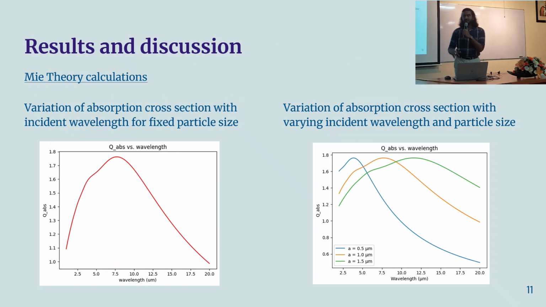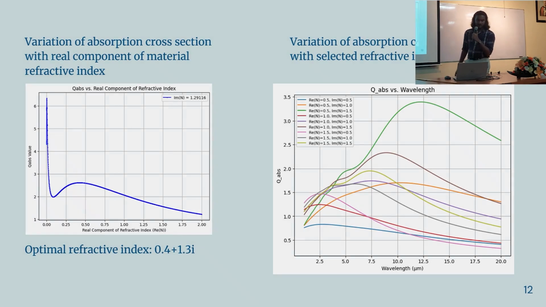My calculations are for a single sphere, so you get a wide distribution, but there is a maximum somewhere, and I found that increasing the size of the particle would shift the peak to the right, and decreasing it would shift it to the left, as you see here.